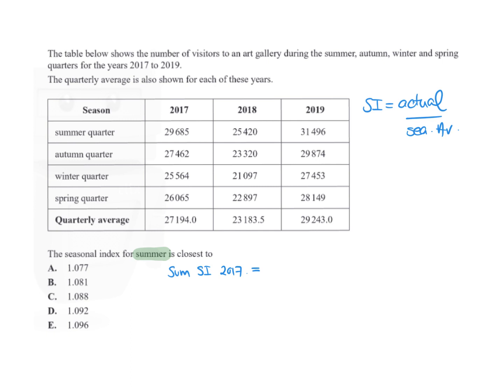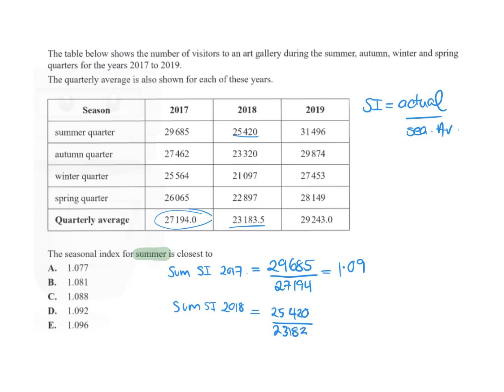Okay, so for 2017, summer had an actual of 29685, and then I divided it by the average, which they did give me there, 27194. So I don't have to work that bit out, and I'm going to get an answer. So the summer index for 2018, here's the actual, 25420. They give me the seasonal average at the bottom, 23183.5, and I'll get the answer.